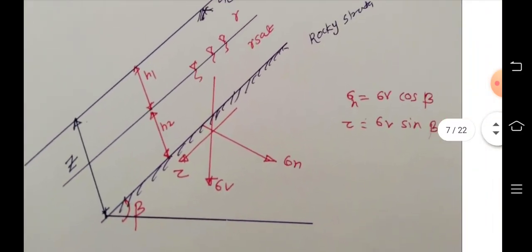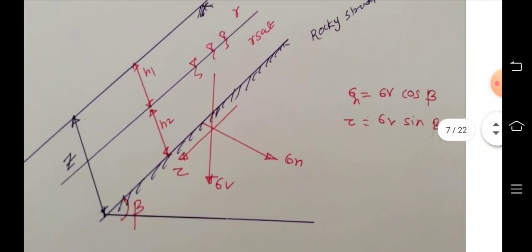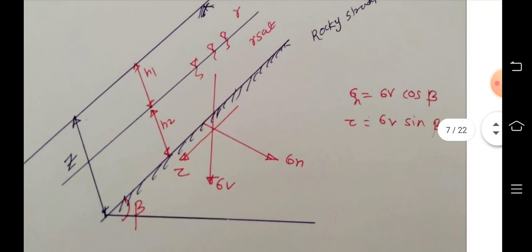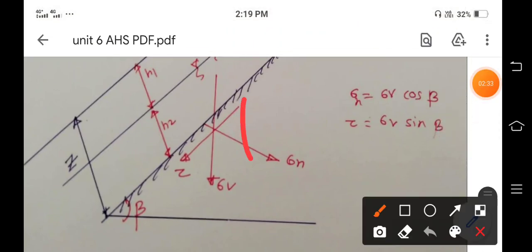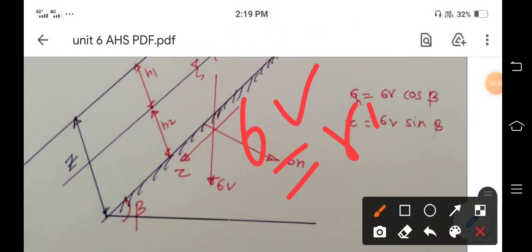But in this case, as there are two depths, the formula for sigma v, we know, is gamma into z only. So it is applicable for the whole depth.